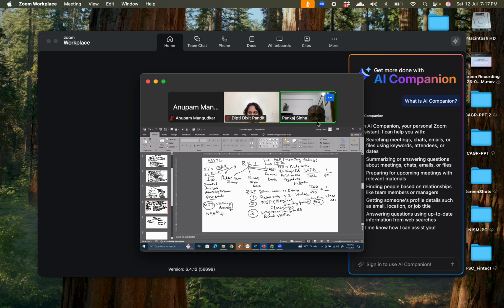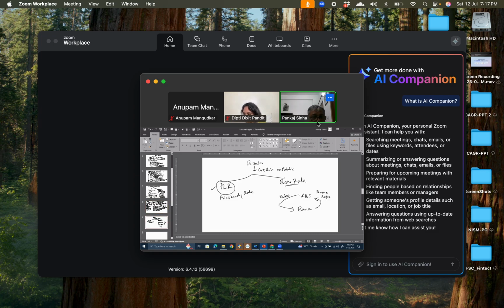Now, if CRR is decreasing or SLR is decreasing or repo rate is decreasing or bank rate is decreasing or marginal standing facility is decreasing, it means there is more liquidity in the market.